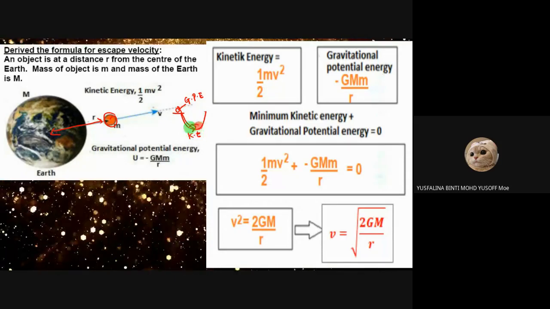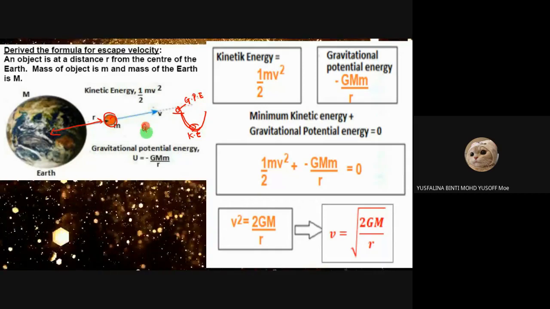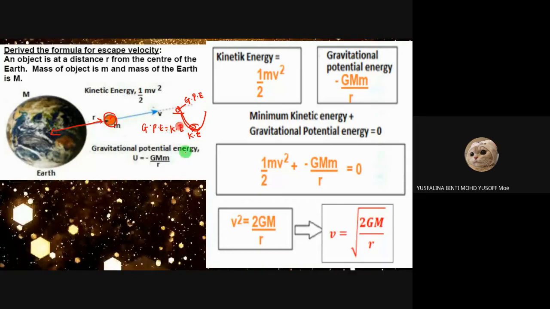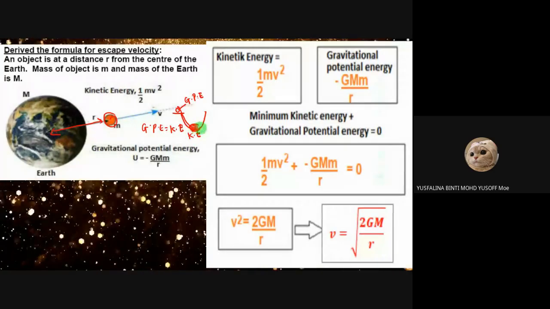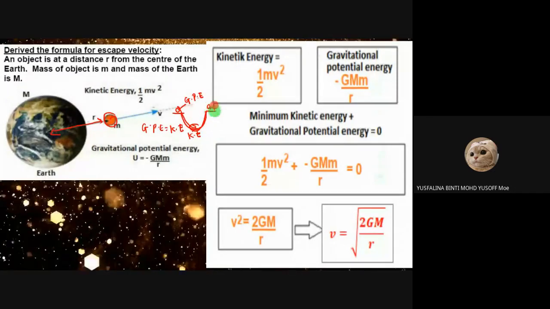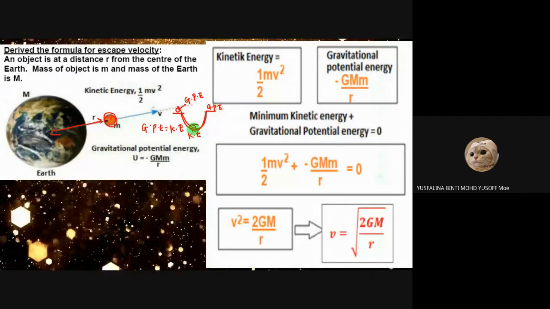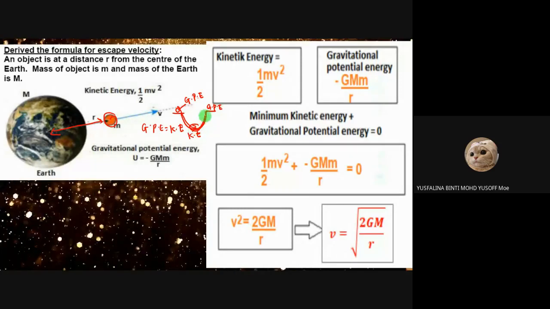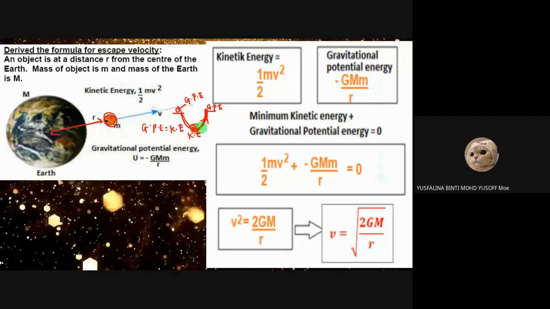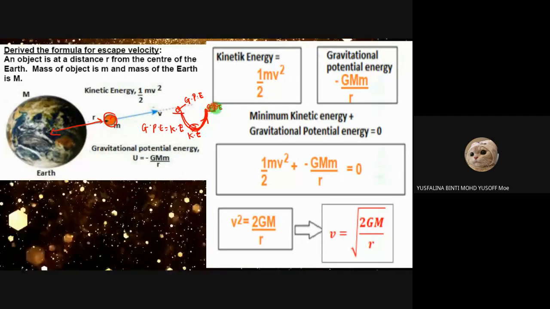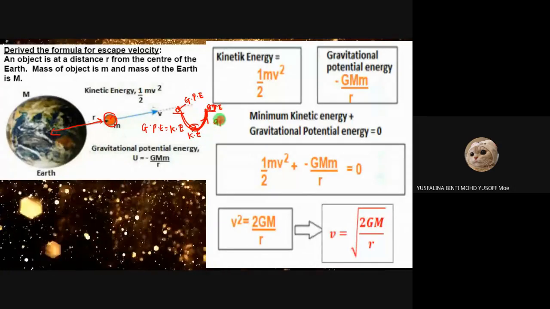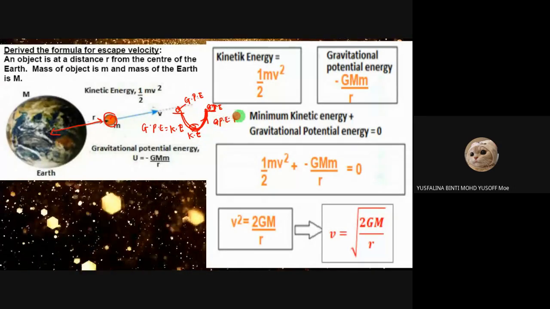At this part, the gravitational potential energy equals the kinetic energy. Then when you move up, the kinetic energy changes back to gravitational potential energy. So when you reach the top, the gravitational potential energy equals the kinetic energy again.